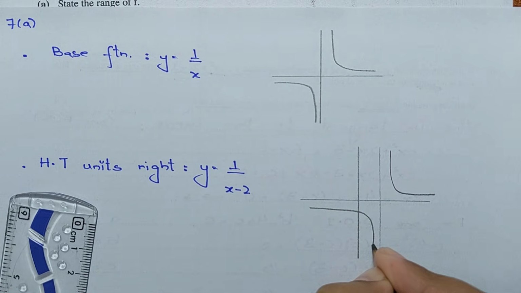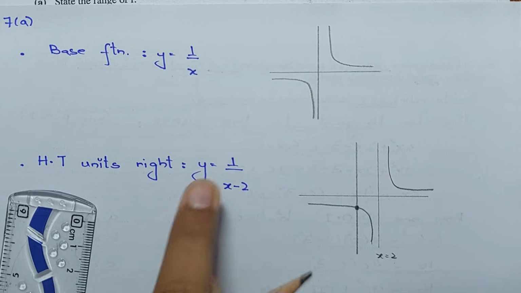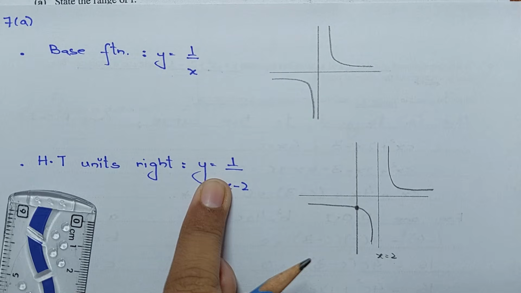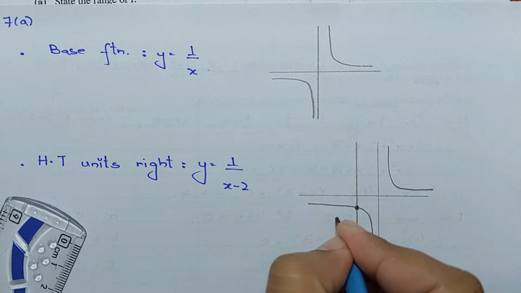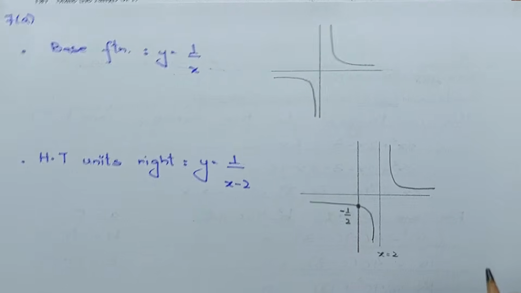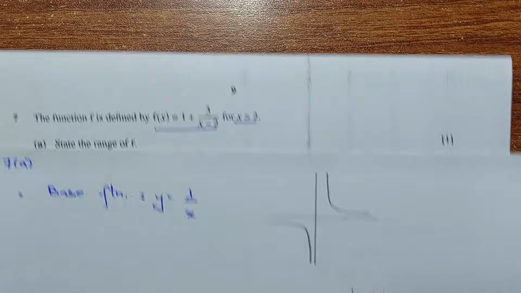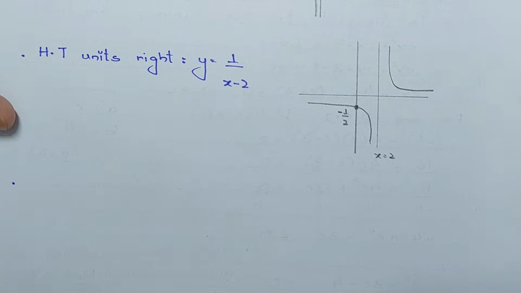Now it has a y-intercept. So what is this y-intercept? When x equals 0, the y-intercept is minus 1 over 2. Now the next transformation we have applied is multiplying by 3.